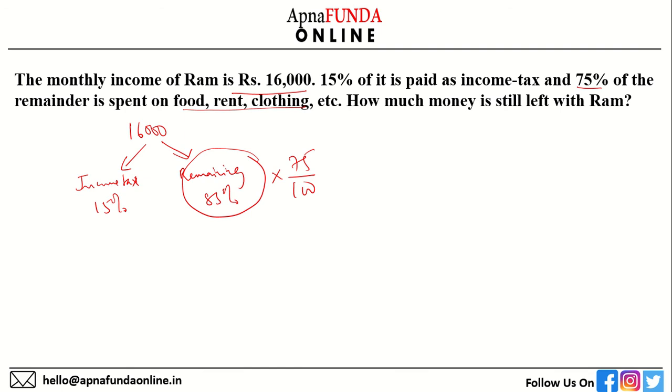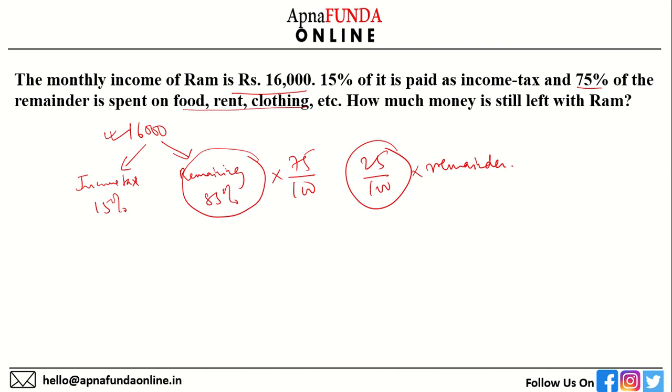So 75% of this is what he spends. What we need to find is 25%. If 75% of the remainder he's spending, 25% of the remainder is left with him. I hope you are able to follow me. I'll repeat. His monthly income is 16,000. The first part is that he pays 15% tax.